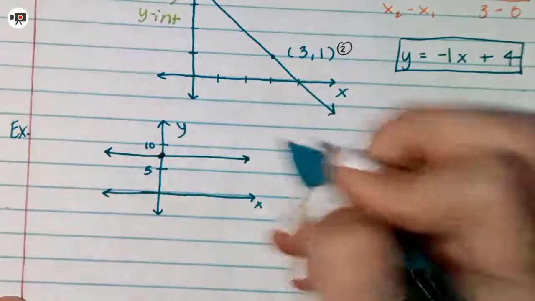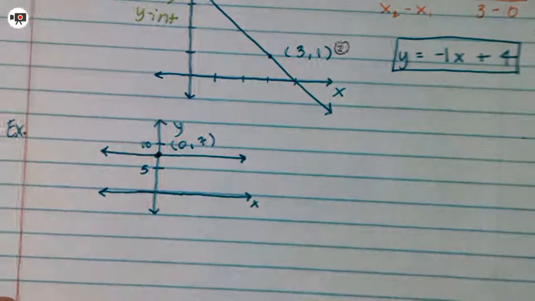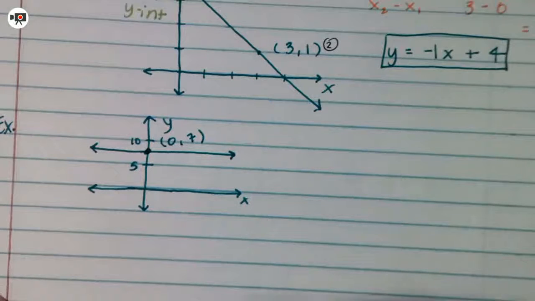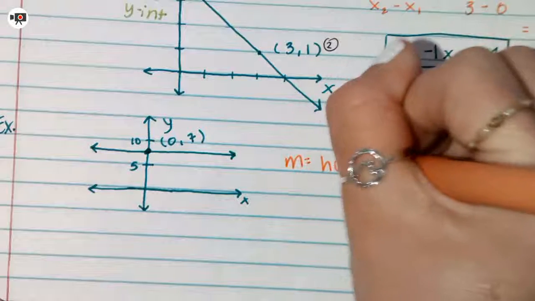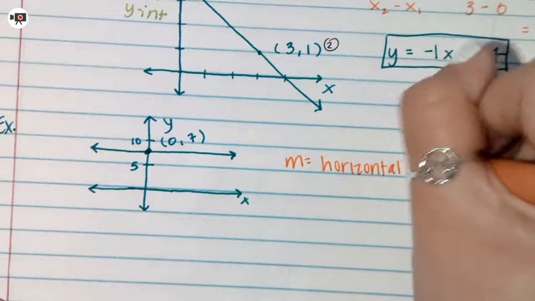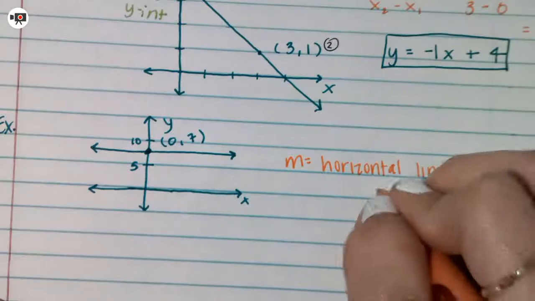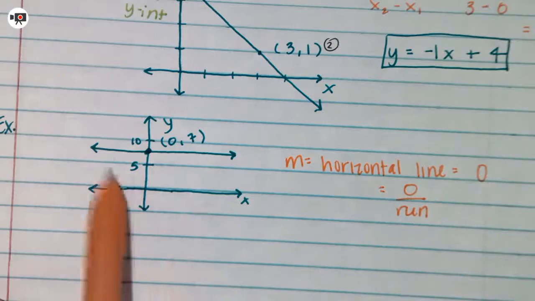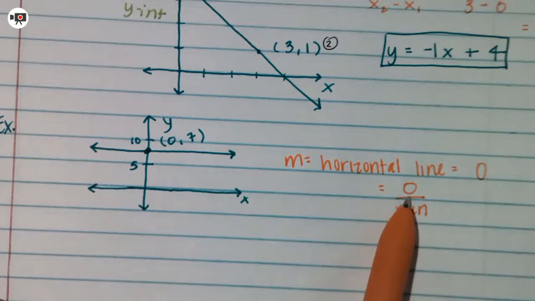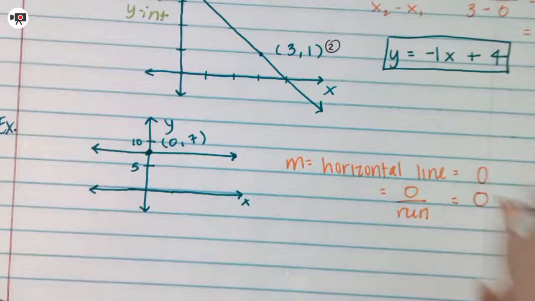And this point here is 0, 7. I have a horizontal line as my graph. The slope of a horizontal line is 0. This would be 0 over the run. And it doesn't matter where I go, y is always 0. It doesn't matter what x is, so this is just going to reduce to 0.